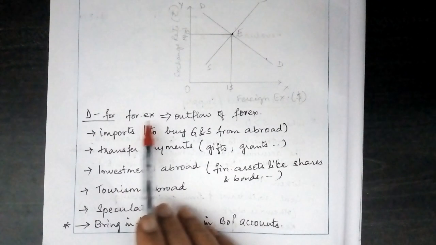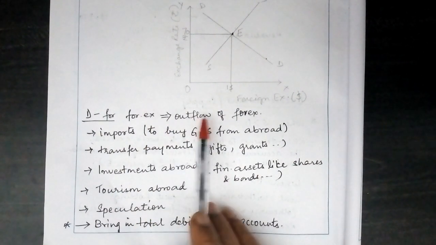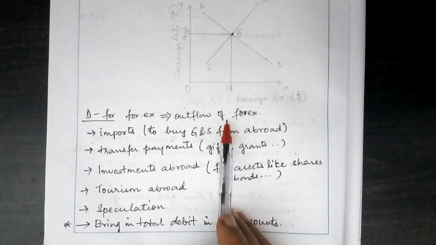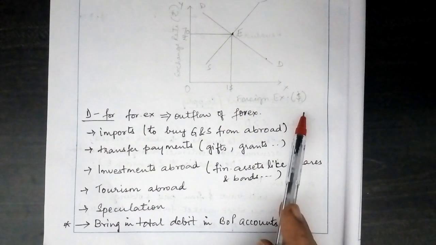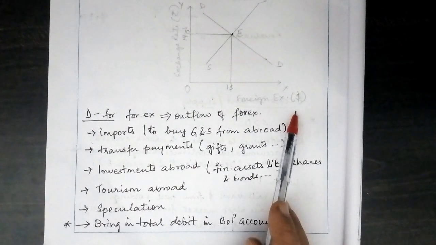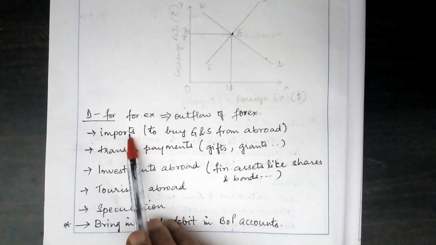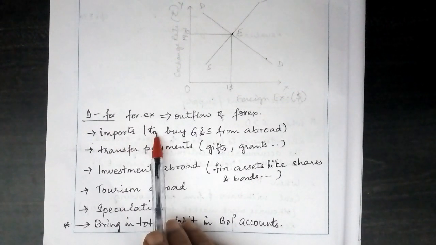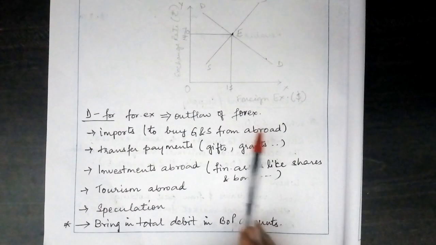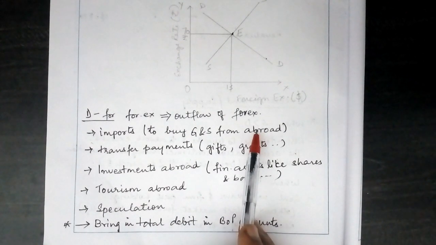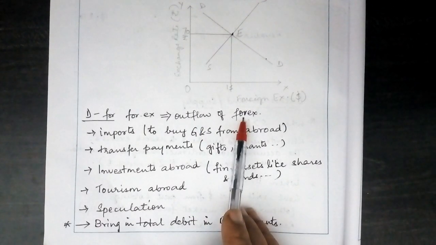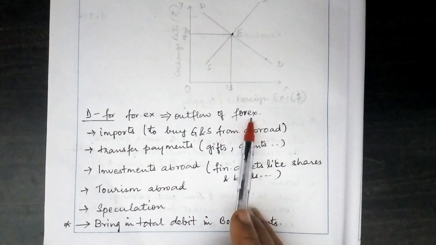The demand for foreign exchange implies an outflow of foreign exchange. That means more of the domestic currency moves out of the country. How does the currency move out of the country? When imports take place. Imports means to buy goods and services from abroad. When you buy from abroad, you have to pay money to people outside the country. So there is an outflow of foreign exchange or rupee.